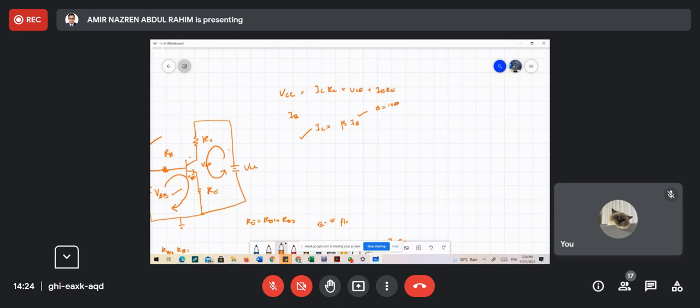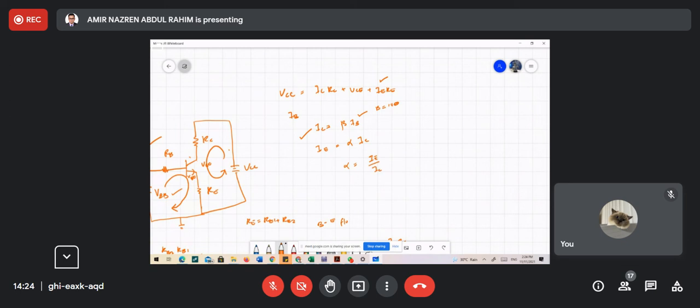Alright. And then the formula to get IE equal to alpha IC. Wait for a while. IE over IC.